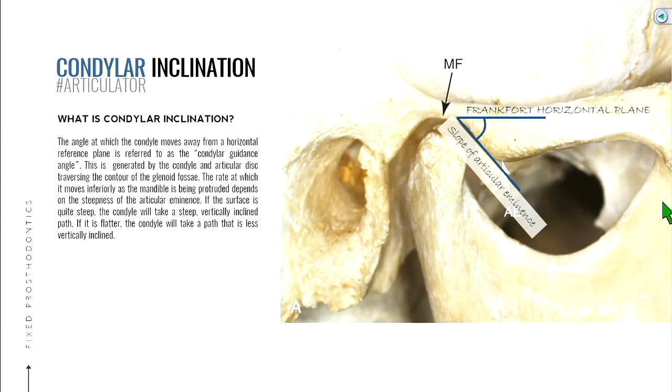Because we know that as we move our jaws either forward or to the side, we want to eliminate interferences because of this whole concept of mutually protected occlusion, right? So if you've got a steep condylar inclination, we get more space in the posterior, which means we can potentially make our crowns taller and still get away with not violating this mutually protected occlusion.